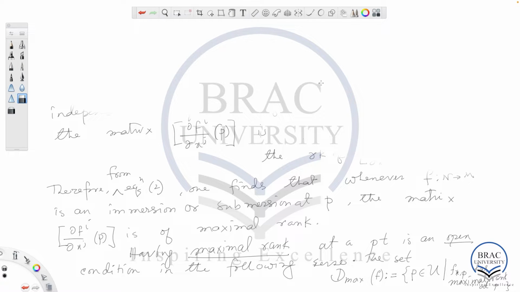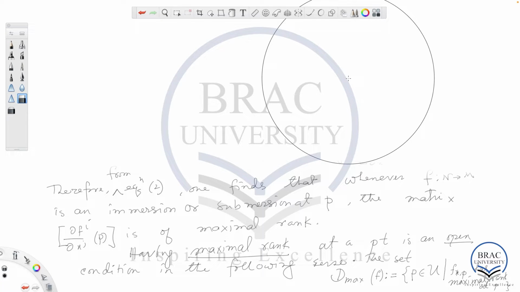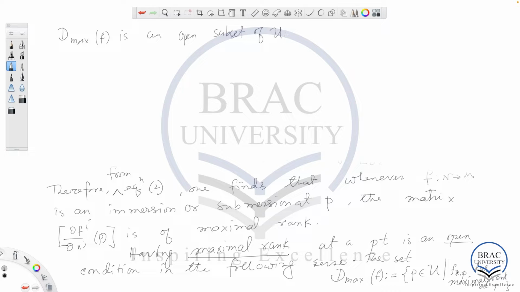So having maximal rank at a point is an open condition in the sense that the set D max F is an open subset of U. How do we see this?